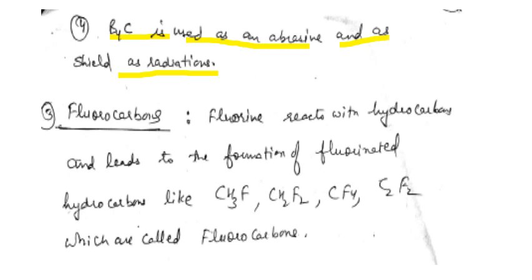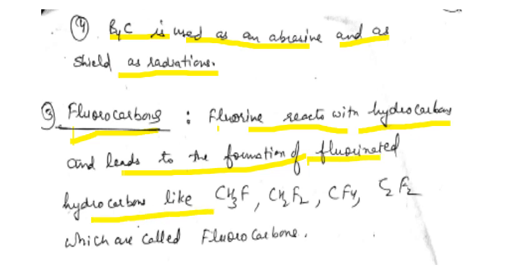Now we are moving to the third compound, that is fluorocarbon. It is again an important category of carbon compounds. When fluorine reacts with hydrocarbons, it leads to the formation of fluorinated hydrocarbons, like you can see here: CH3F alkyl fluoride, CH2F2, tetrafluorocarbon CF4, and difluorodicarbon C2F2.